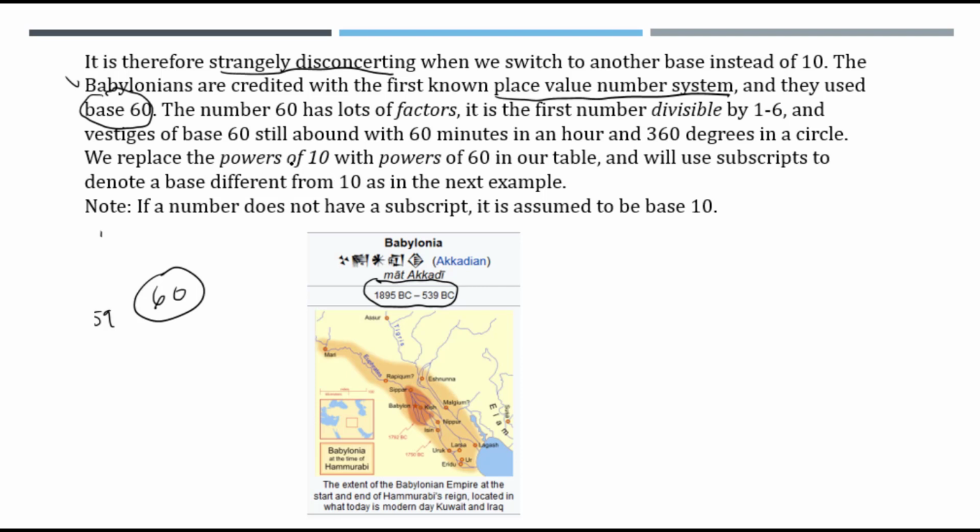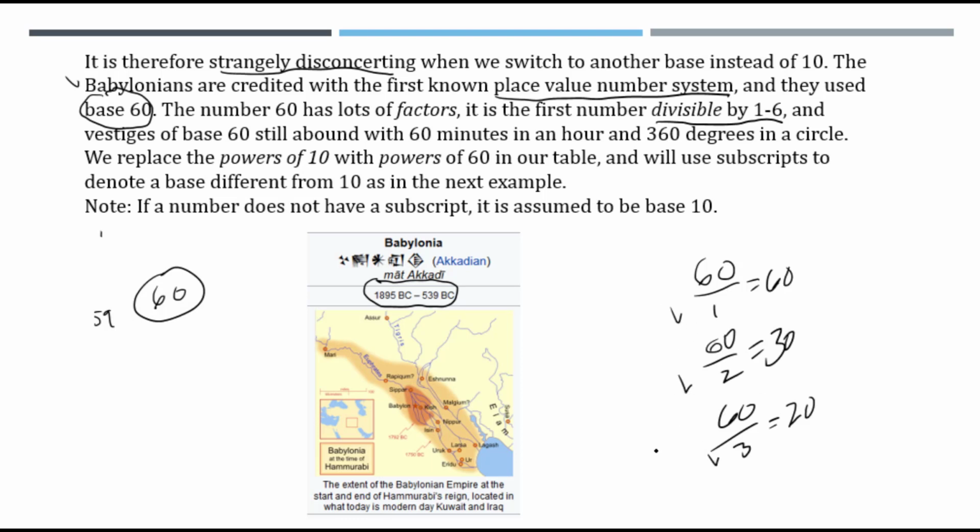60 is divisible by each of the first 6 numbers. So 60 divided by 1 is 60, 60 divided by 2 is 30, 60 divided by 3 is 20. So these are factors, right?